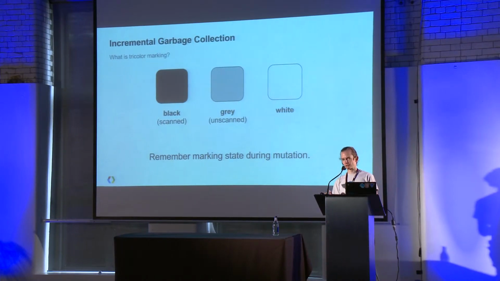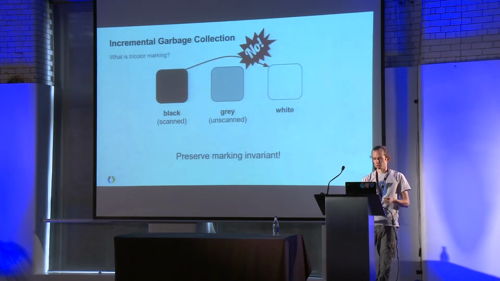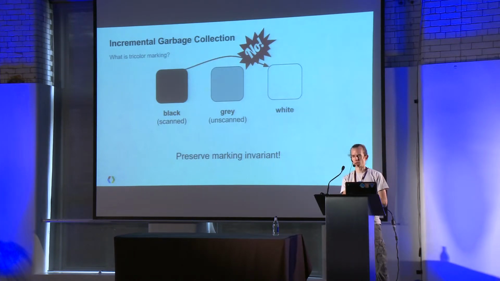A pointer from black to white, on the other hand, can never happen, because that means we looked at all the content of the black object, looked at all its pointers, and suddenly there's a pointer in there which points to a white object. So that's not marked for scanning yet. So this situation can never happen.